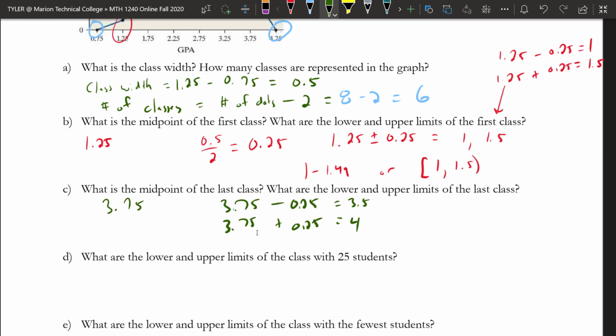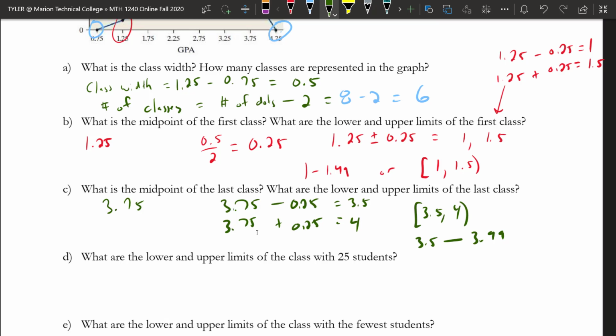So the interval that we're looking for would be 3.5 to 4, including 3.5 but excluding 4. Or in other words, 3.5 all the way until we get to like 3.99, and so forth. So as close to 4 as we can, but not including 4. And we can get closer than 3.99. Sometimes that's just how it's listed to mean that we're trying to get really close.